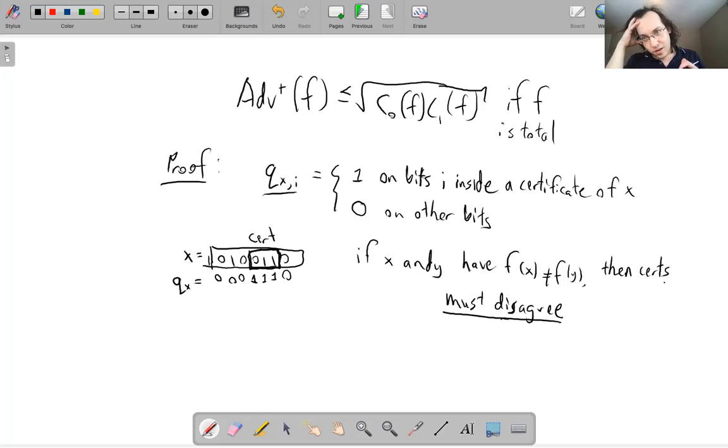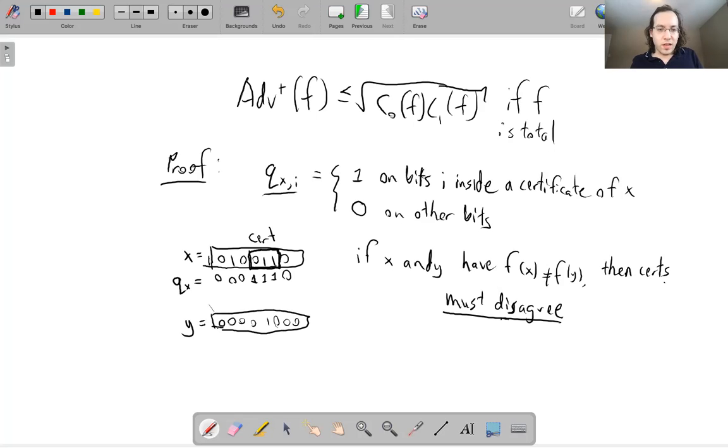So if I take the certificate inside x and the certificate inside y, and x and y have different f values, those certificates will overlap, and in fact they will contradict each other. So if this is x and y has a different f value, suppose y is some other string. I don't really care what it is.